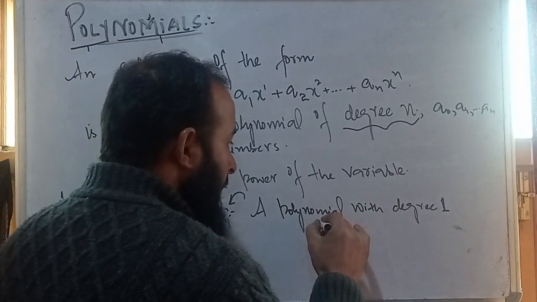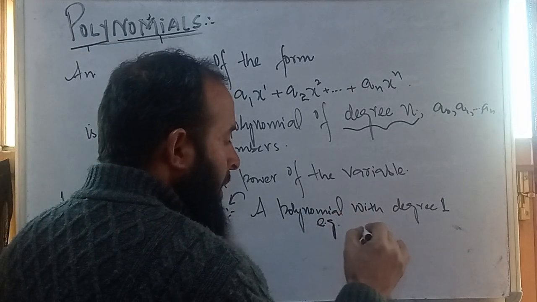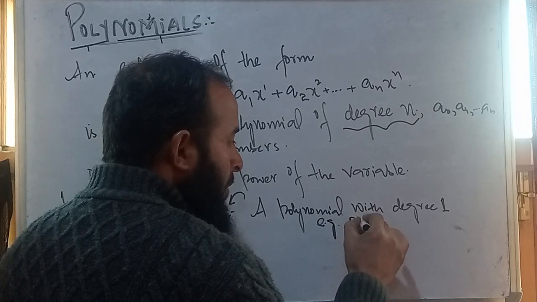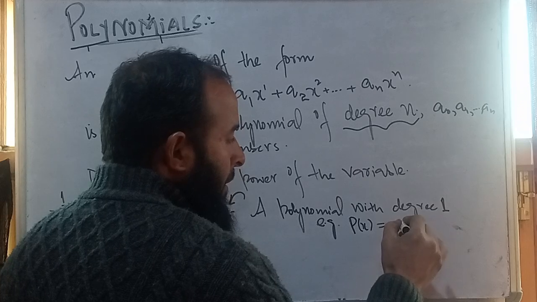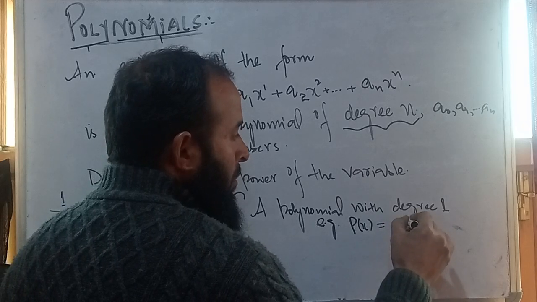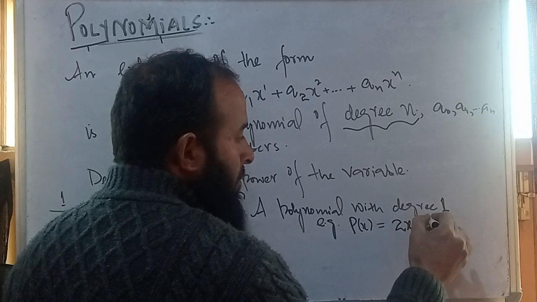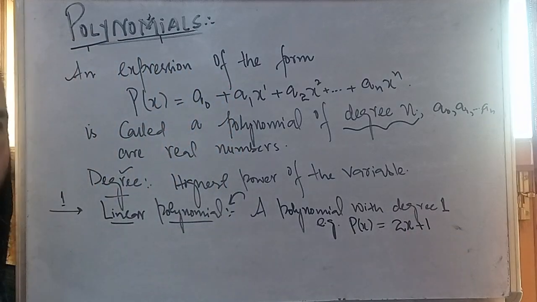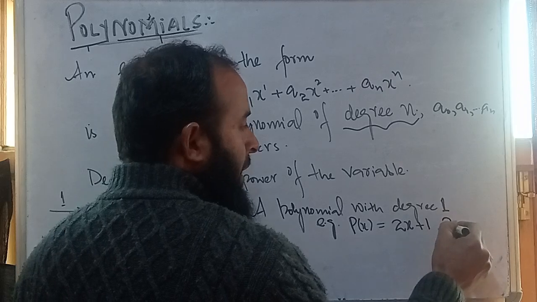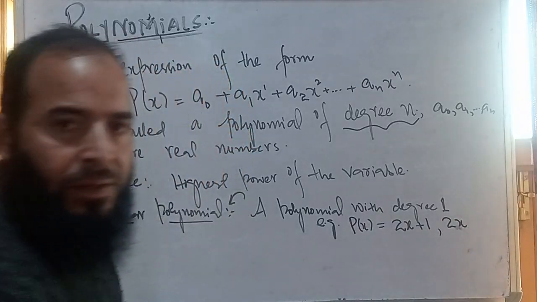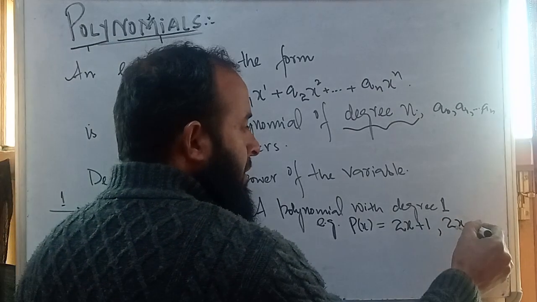For example, we can denote it as p of x is equal to say 2x plus 1, or simply 2x, or we can write it as x.